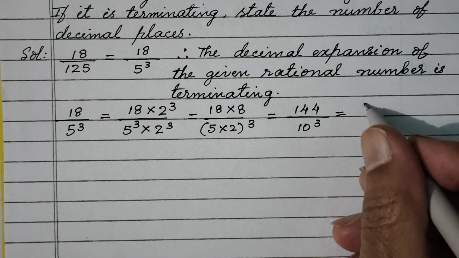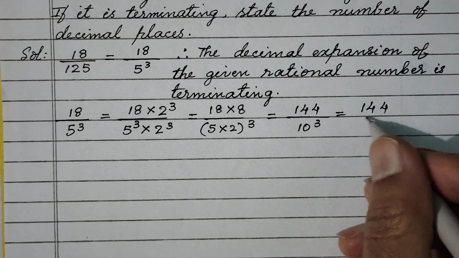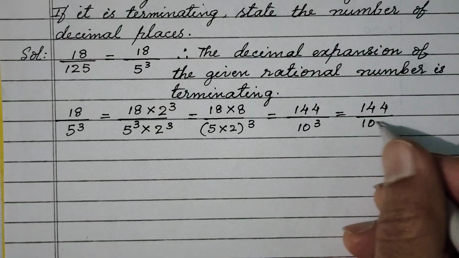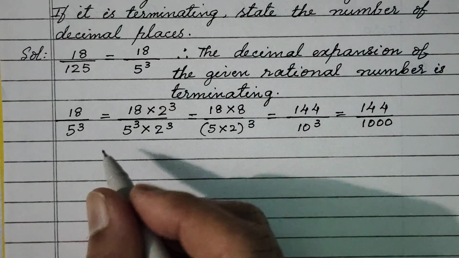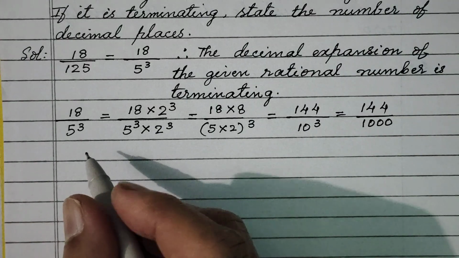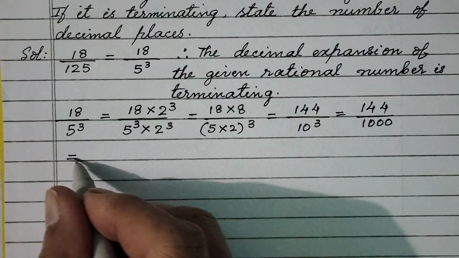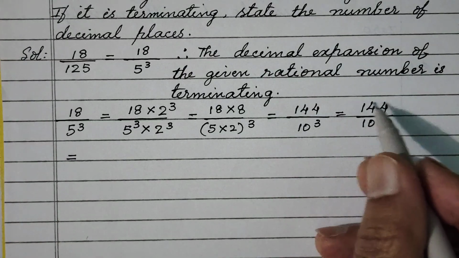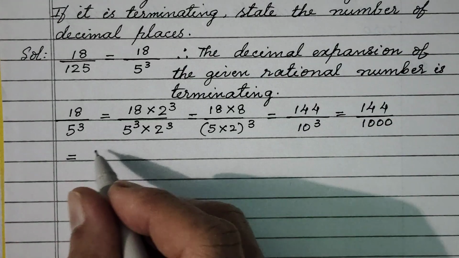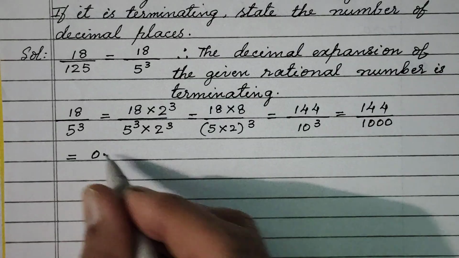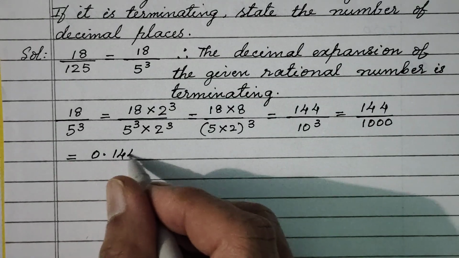That is 144 divided by 1000. So when we divide 144 with 1000, we will get 0.144.